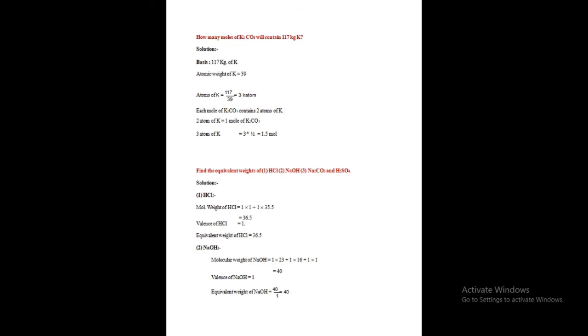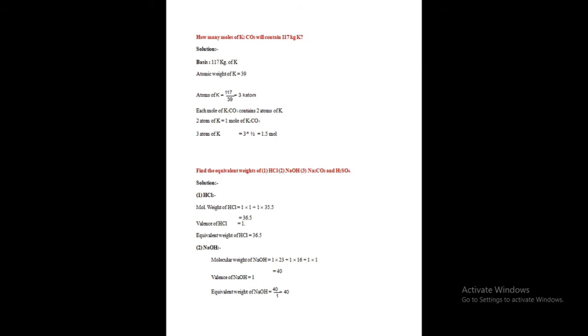Valency of HCl is 1, from the outermost orbital, H plus, Cl minus. So the valency of HCl is 1. Equivalent weight of HCl is molecular weight of HCl divided by valency of HCl, 36.5 divided by 1 is equal to 36.5. Are you clear?